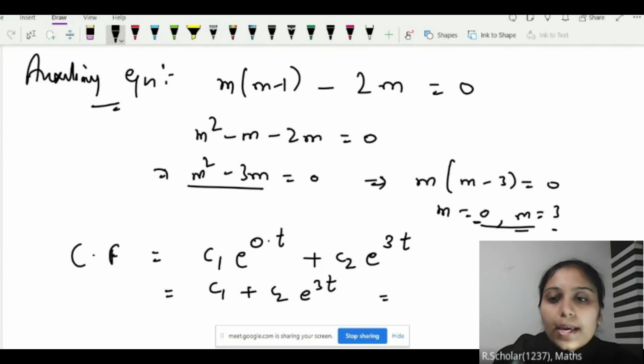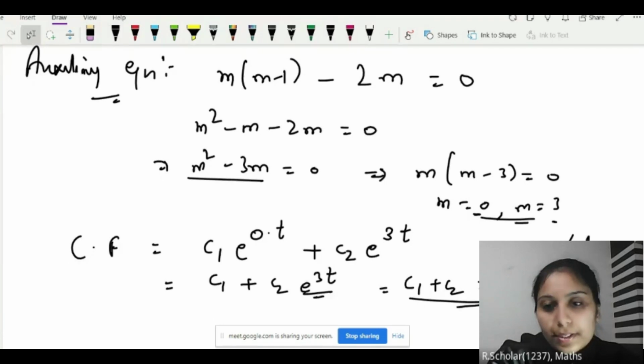We have x is equal to e raised to t. This is our substitution. So when we put this relation here, C1 plus C2, e raised to t whole cube, e raised to power t is converted by x, so it becomes x cube. So this is our CF in terms of x.